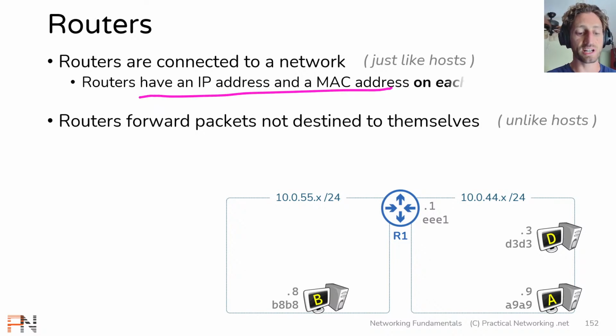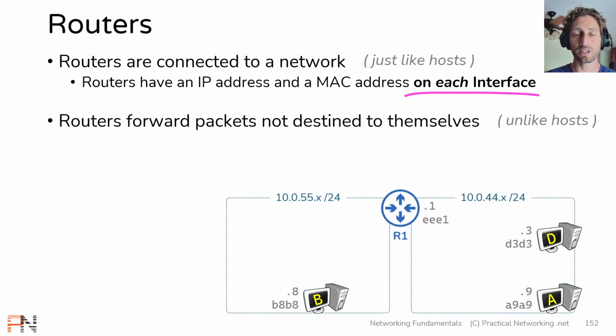This process is going to have to repeat for every interface of the router. So in order to connect router 1 to this network, we're going to have an IP address and a MAC address in this network as well. This is actually what connects the router to the network, is configuring an IP address in that network.